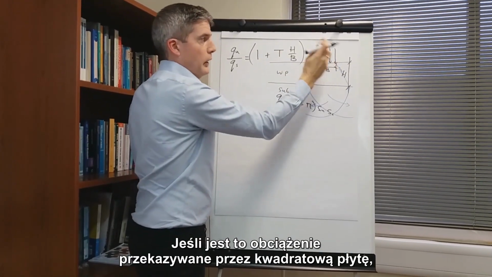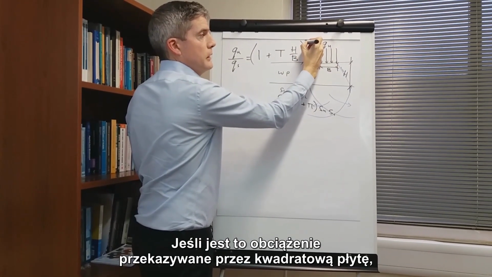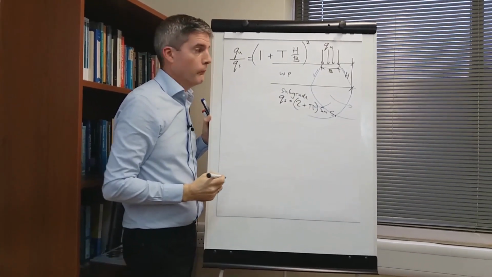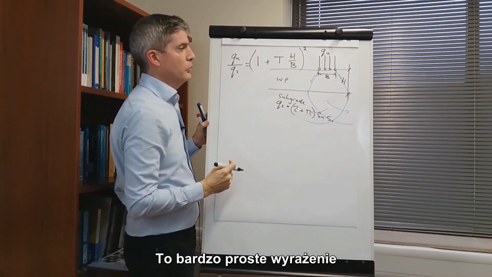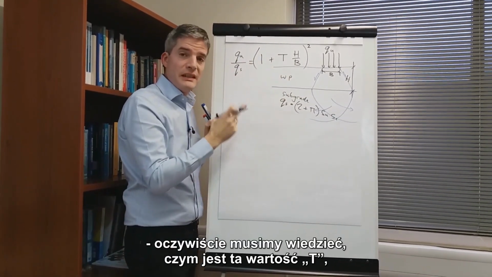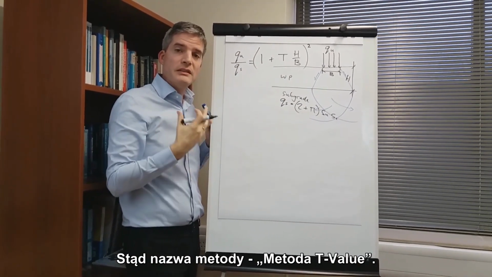If it's a square load, then you would just need the square term at the top there. So a very simple expression. Of course, you need to know what this T value is. Hence the name of the method, the T value method.